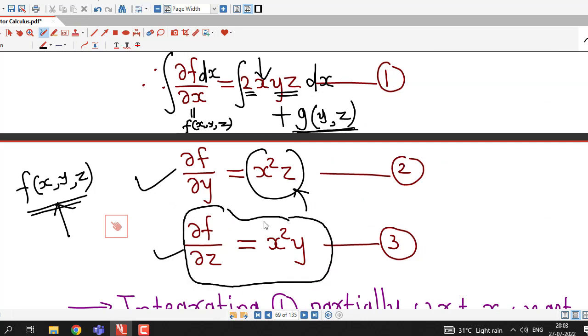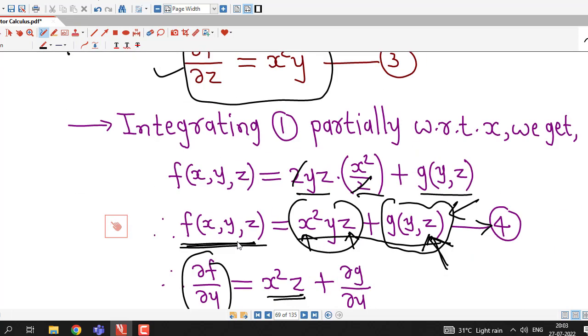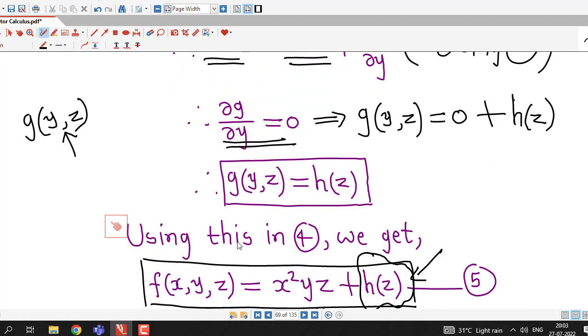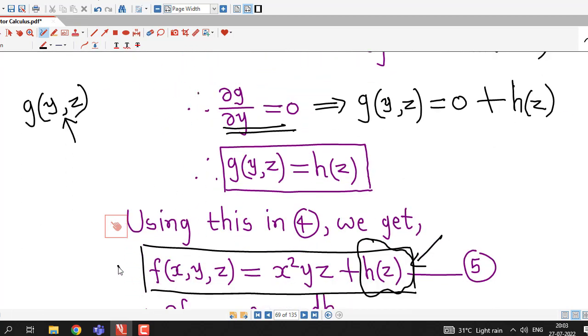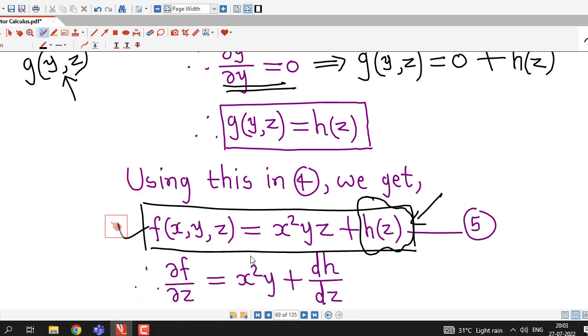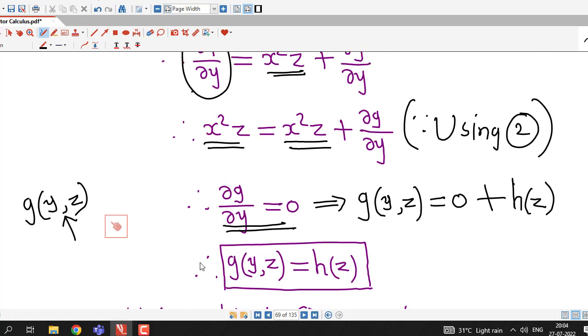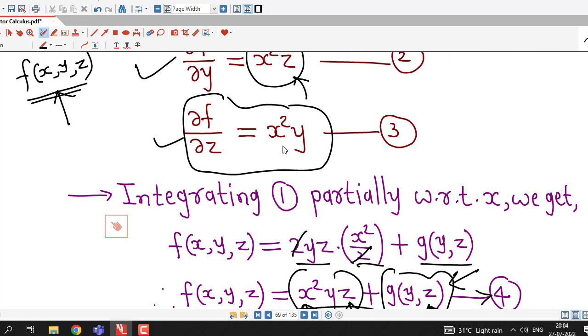So for that we have to differentiate that equation with respect to z. So in the next step we differentiate both sides partially with respect to z. Left hand side is del f by del z, derivative is with respect to z, so x square y is constant, derivative of z is 1 plus dh by dz, and now we are having this value del f by del z, that is x square into y.